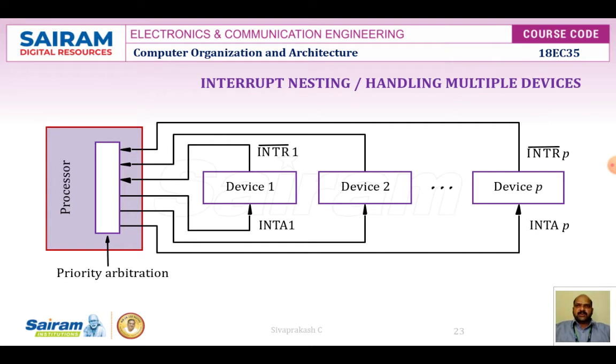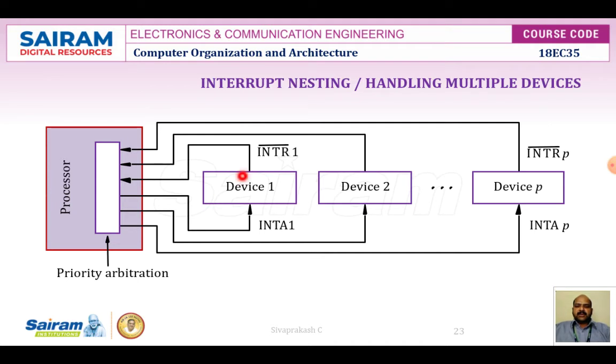The interrupt service routine can poll the IO devices connected to the bus. The first device with IRQ equal to 1 is the one that is served. The polling mechanism is easy, but it consumes time to encode the status bits of all the IO devices connected to the bus. So let us see a simple configuration.